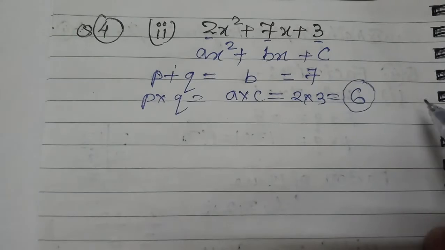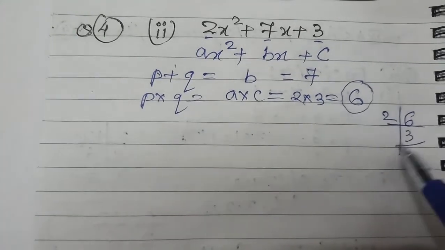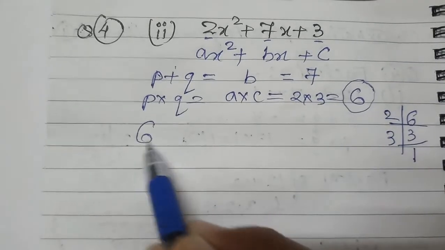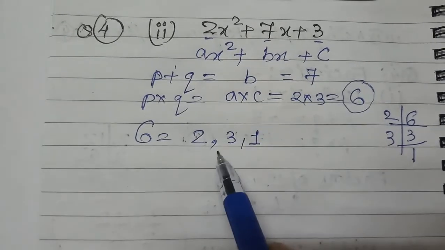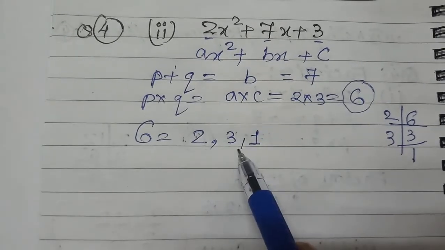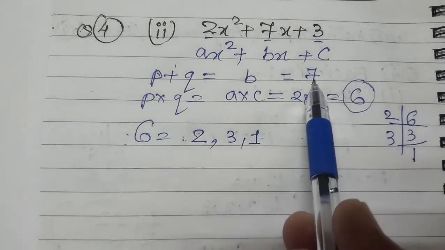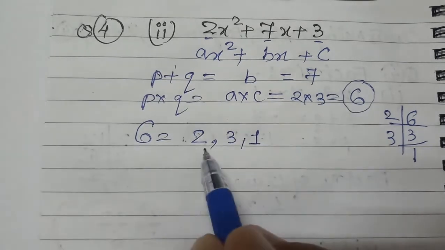And always we will take the factors of the multiplication one. So let's take the factors of 6. 2 3s are 6, 3 1s are 3. So what are the factors of 6? 2, 3, 1. Now out of these three numbers we are going to convert into two numbers. Now think such that on adding we need 7 and on multiplying we need 6.